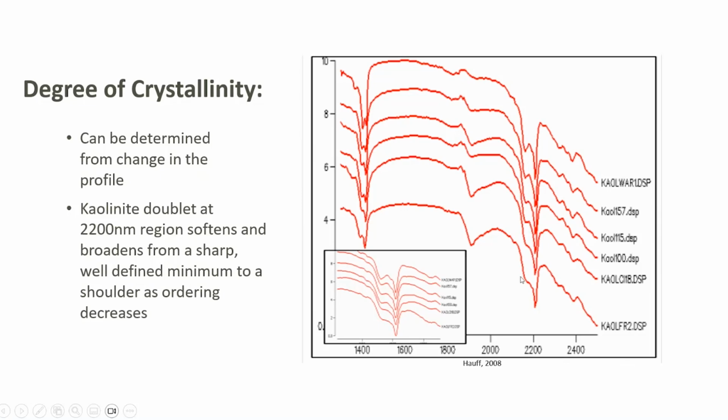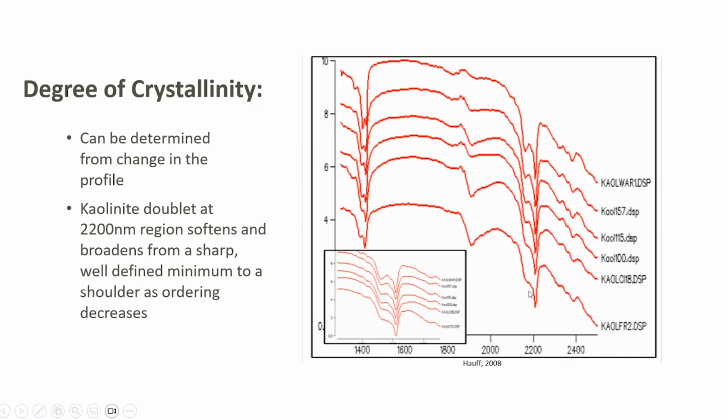As we go down, at the very top we've got a very sharp, defined doublet with kaolinite. As it softens and broadens, if you compare this very bottom feature to the very top, this is a lot broader, not as sharp, not as well defined.